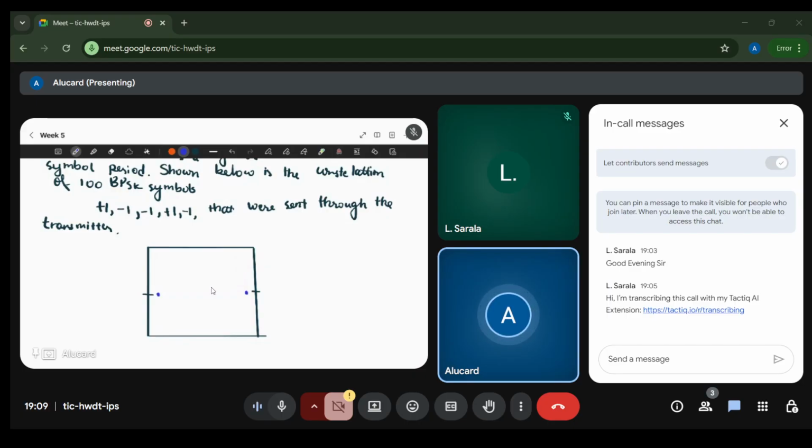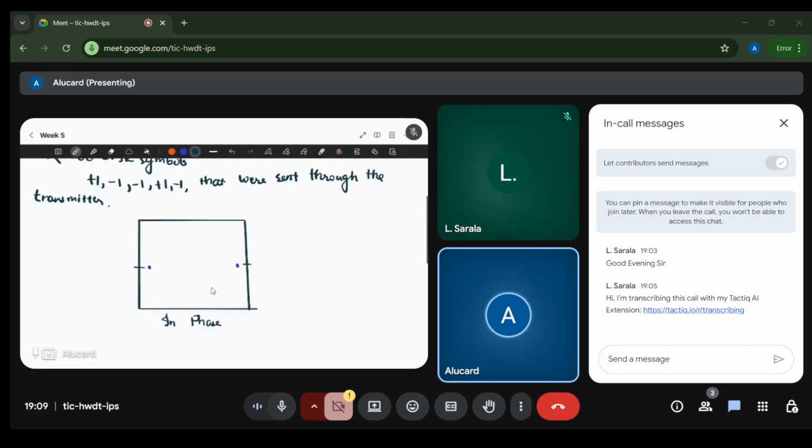Either +1 or -1 was sent, and all of them have the same in-phase component. All the +1s have the same in-phase component, -1s are exactly opposite, and they have zero quadrature phase component.